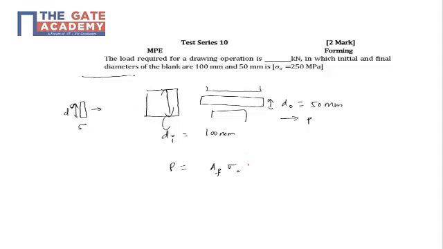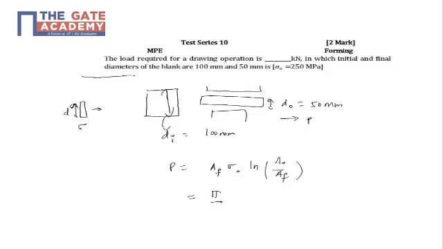The final expression that comes out is A_F, the final area of cross section, into sigma naught, the yield stress or the flow stress, into ln the ratio of the initial and the final area. This is the load requirement for performing a diametral change in the drawing process.